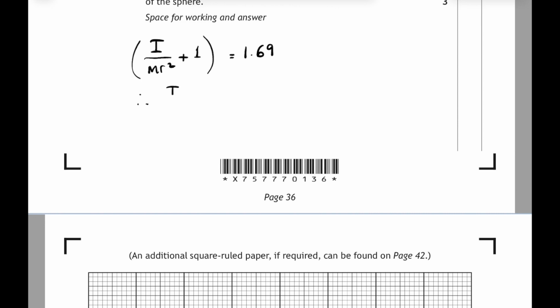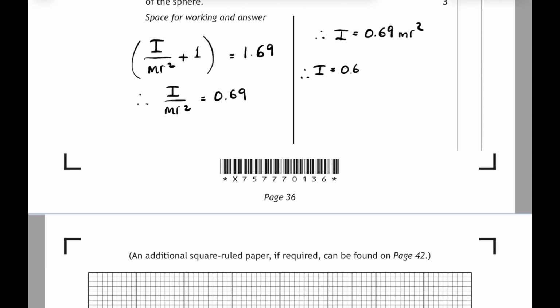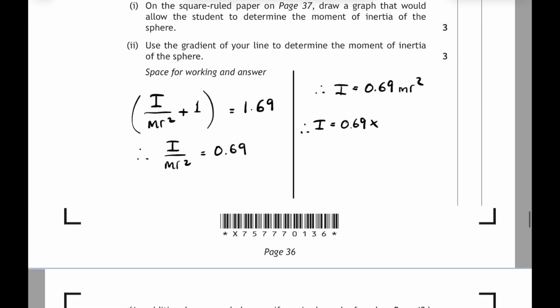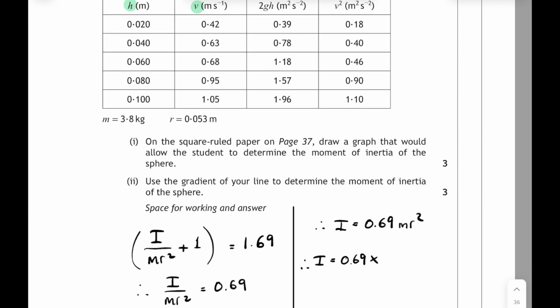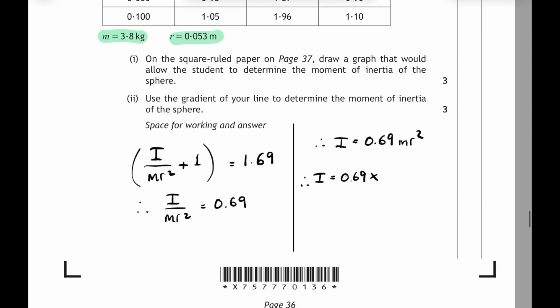And then if we subtract 1 from both sides, we'll get I over mr squared is equal to 0.69. And then if we do another little bit of rearranging, then I will be equal to 0.69 times mr squared. And we know what m and r are because they're written under the table there. The mass was 3.8, the radius 0.053.